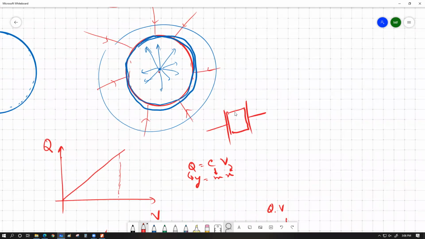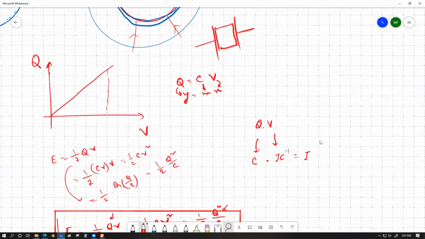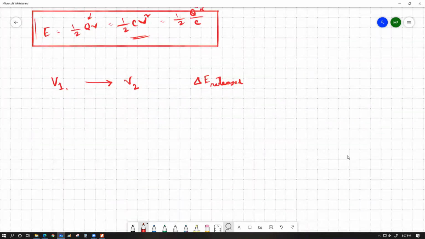What do you think? I haven't taught you the discharge equation yet, I'll teach it a bit later. I'll tell you the answer. Whenever energy is released, the capacitor will experience a lower voltage.